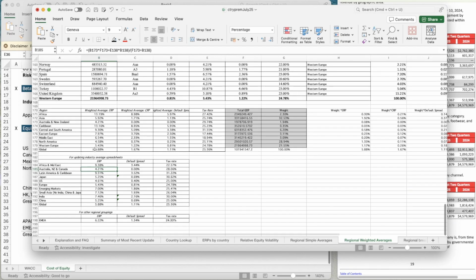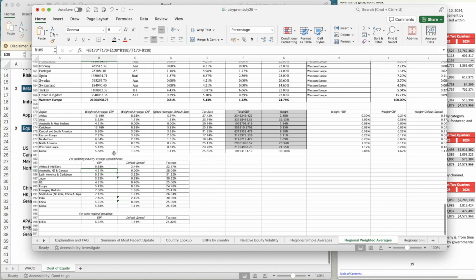But I think it'd be better than the global average, which is 5.88. Well, let's give it 5.1.